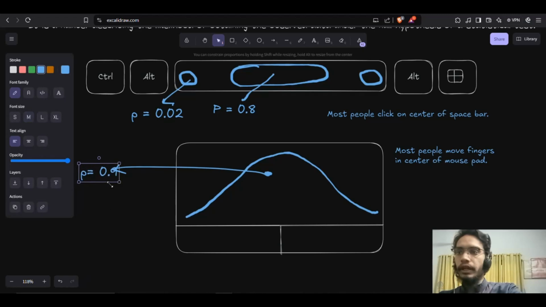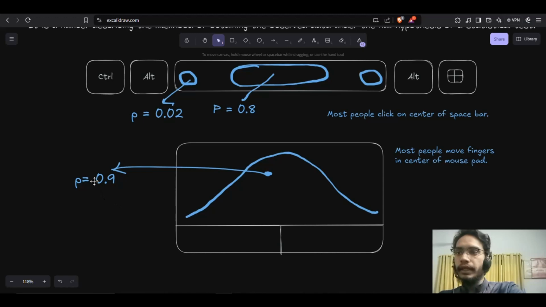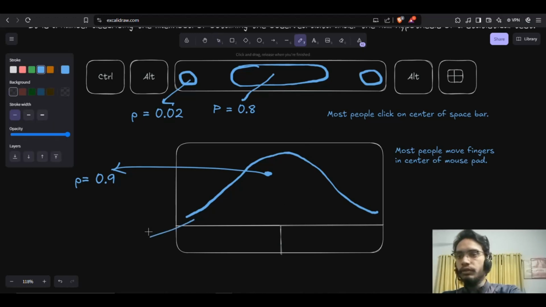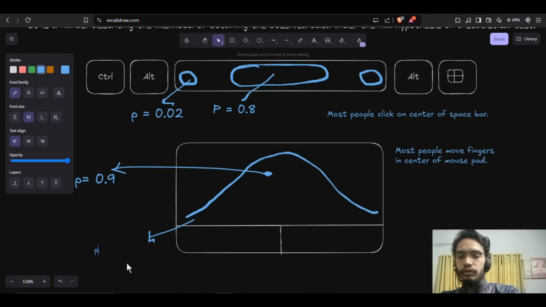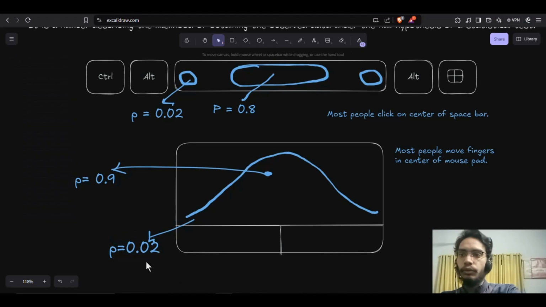So out of 100 times, if I move my finger on the mouse pad 100 times, then 90 times, or 90%, I move my finger at this point, right? And in this region, let's say my finger moved only 2 times, so our probability would be 0.02.